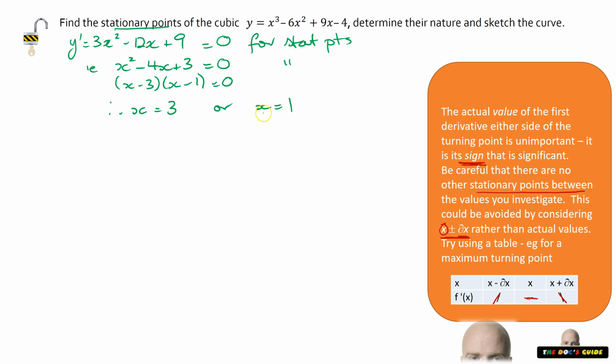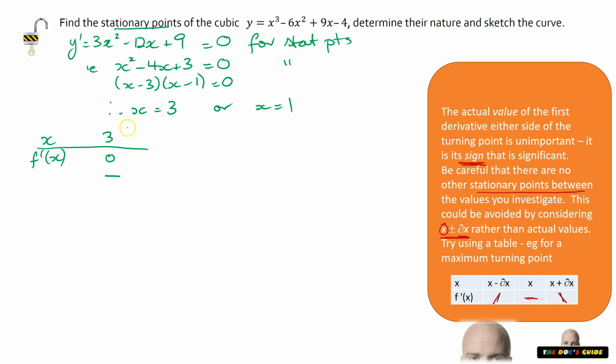Now we can get the y coordinates of that by plugging back into the original equation here. But for the moment, what we want to do is just to determine the nature of these stationary points. So when we have our value of x and our value of f dashed of x, for the case of 3, then at x equals 3 we know that the slope is 0, so it will look like that.